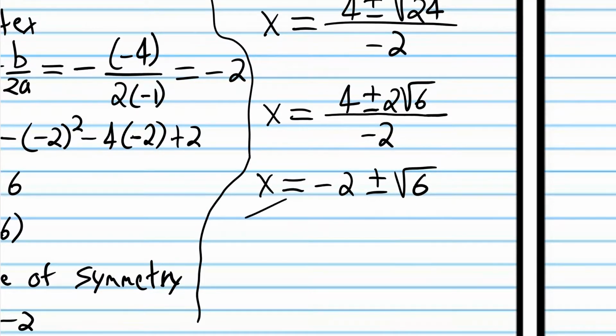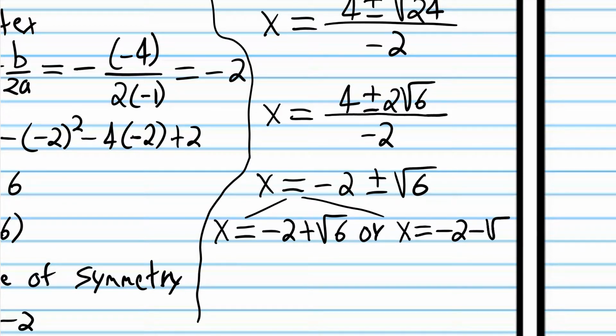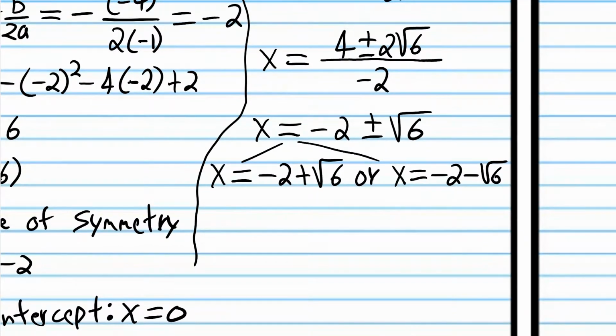So that means x can be -2 plus root 6, or x can be -2 minus root 6. And so the x-intercepts are the following.